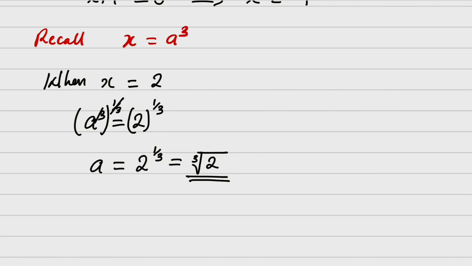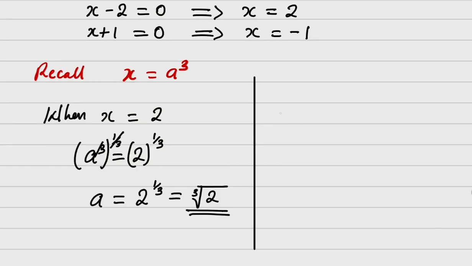Now, secondly, we will move forward to when x is equal to minus 1. The same thing, it means that a cube is equal to minus 1. What do we do with this?